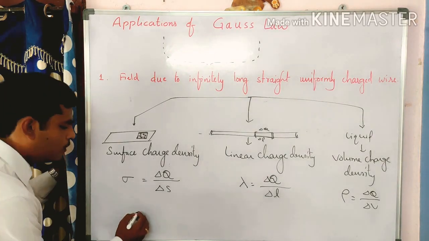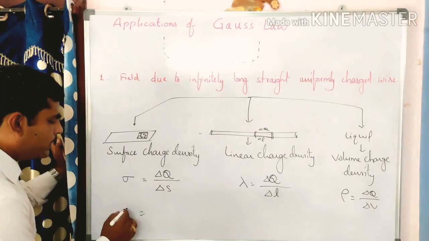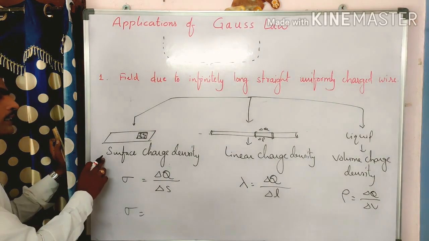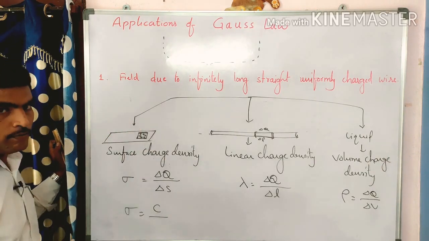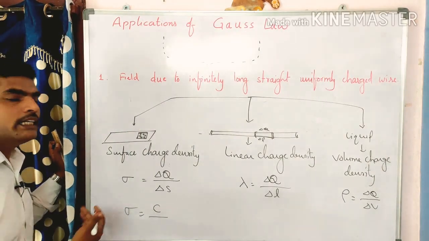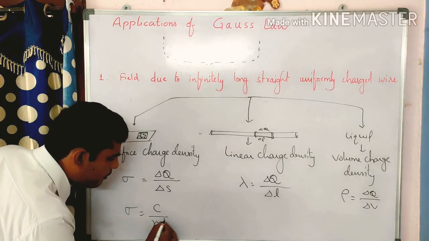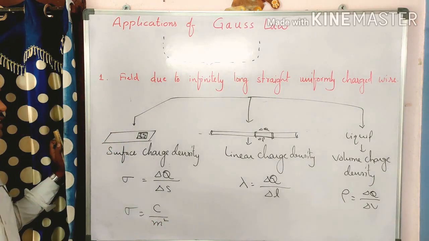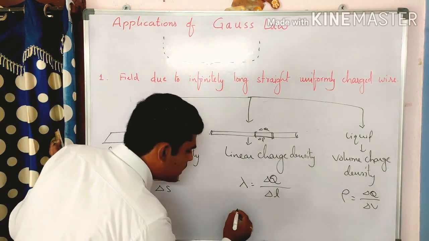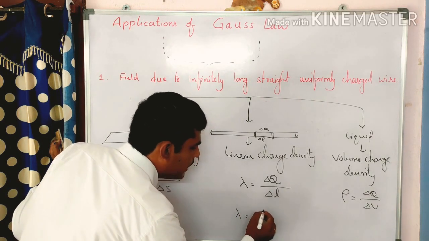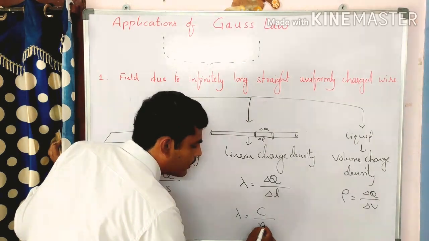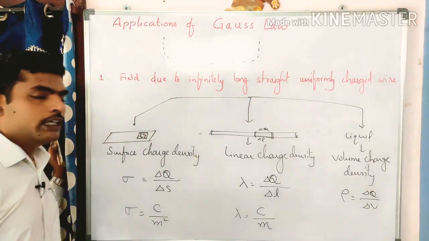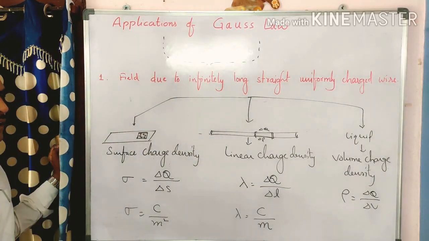Charge density has some units. What are the units? For sigma, the surface charge density, the unit is coulomb per area, that is, coulomb per meter square. For linear charge density, lambda, delta Q is in coulomb and length is measured in meters, so coulomb per meter.